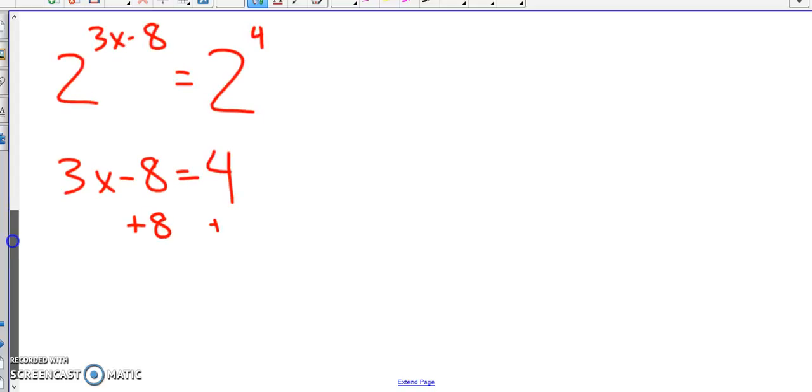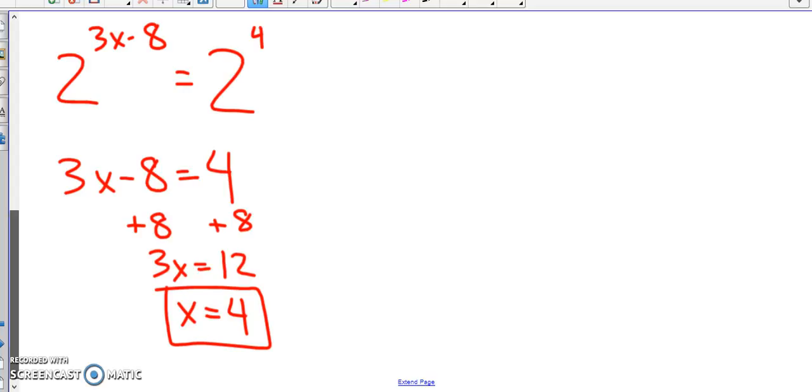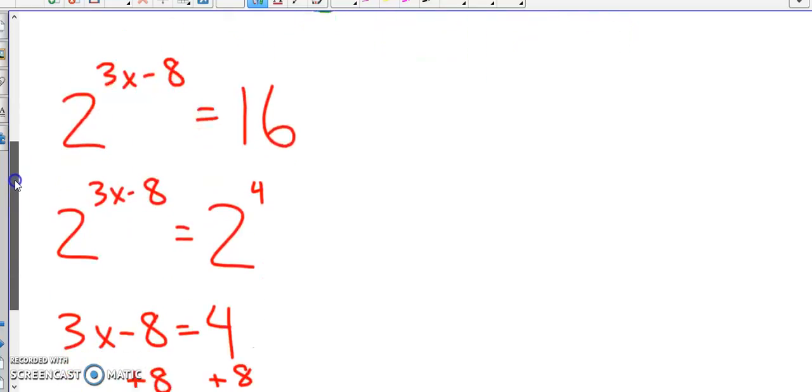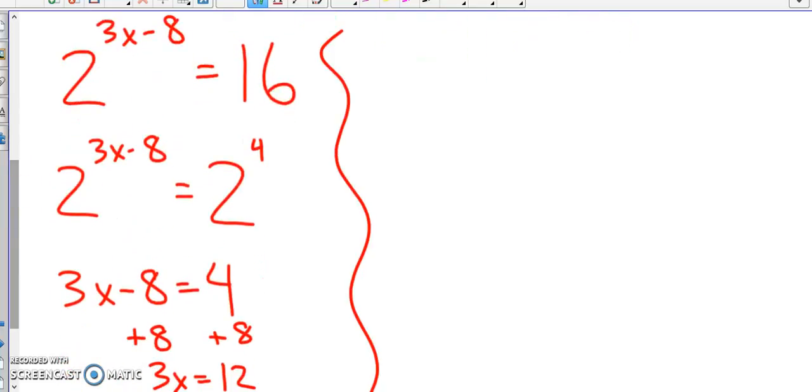So literally you could just add 8. And solve.